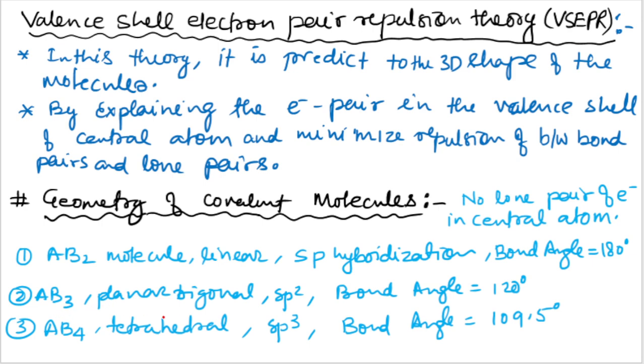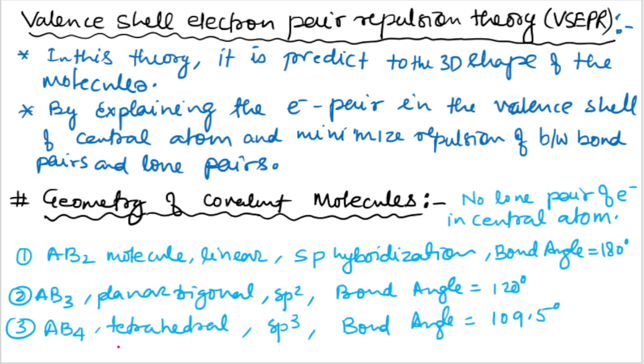AB3 types have trigonal planar geometry with sp2 hybridization, and the bond angle between two bonds is 120 degrees.